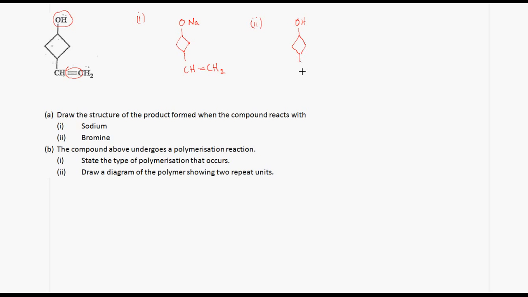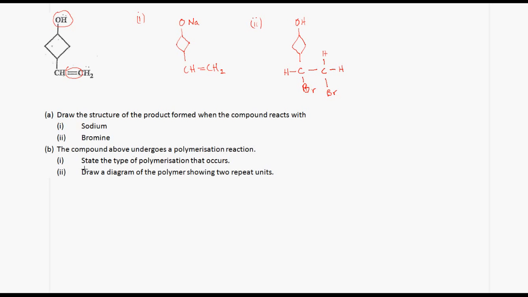And what is going to happen is that the double bond is going to turn into a single bond, sorry, this is Br, and this reaction is an addition reaction. So the bromine just adds itself across the double bond.